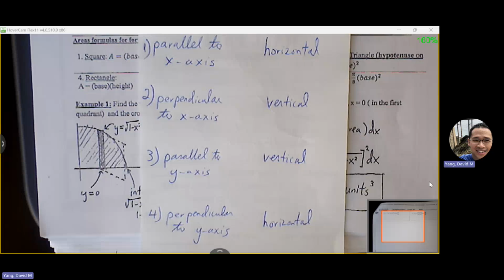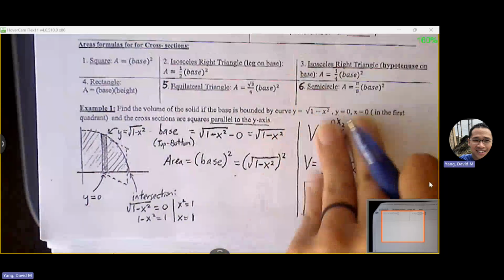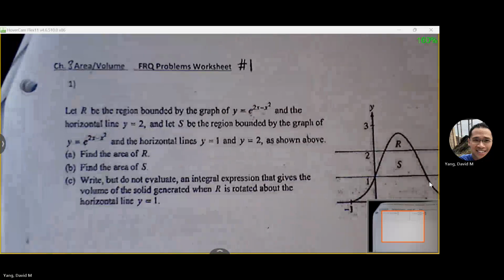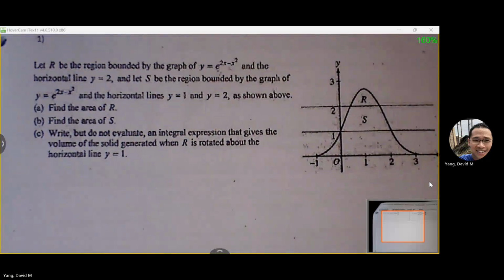Okay, let's look at some example FRQs. We'll try to get through one. So let's go to page 21. You need your calculator.